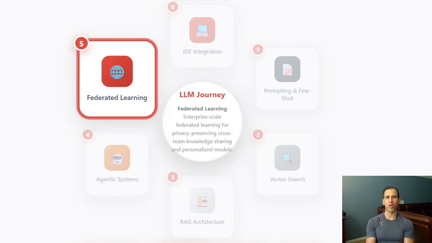But then there are some processes that each customer can learn from each other without explicitly sharing their important proprietary information. So that's where federated learning is extremely important. Again, this is for extremely mature, complex technical organizations that have already gone through the different phases that I've described, and they are ready to take on the challenge of creating an industry specific model.